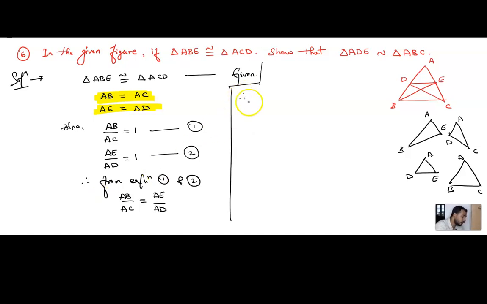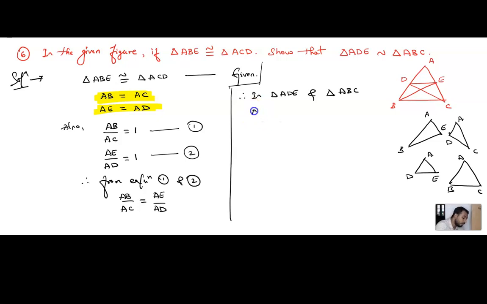That is, therefore, in triangle ADE, because that is what we actually have to prove. Triangle ADE and triangle ABC. What do we already know?